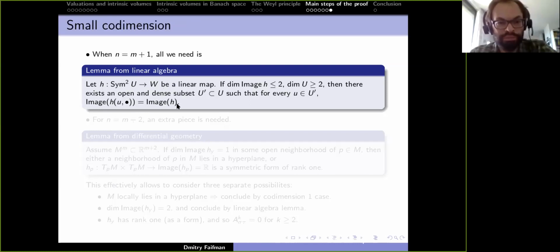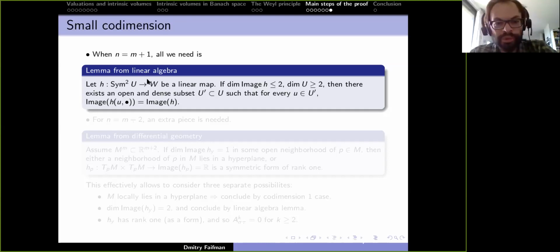That's a good indication that there is hope that in codimension 1 or 2 you can get more than just generic validity. And in fact for m+1 that's all you need.